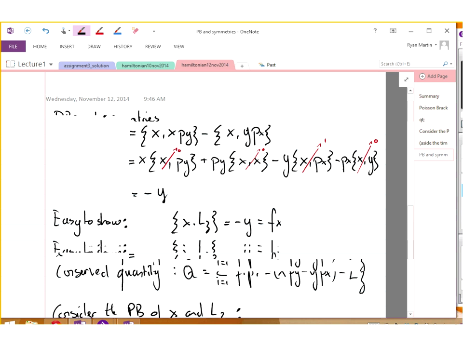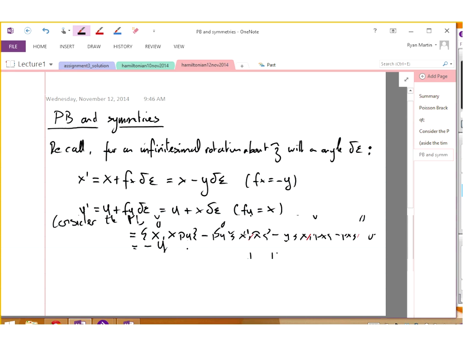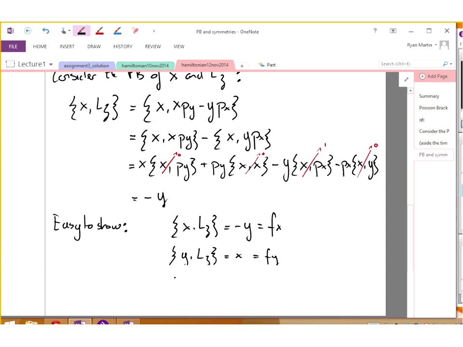Remember, that was equal to fx, the coefficient of the infinitesimal transformation that leads to Lz being a conserved quantity. If you do y with Lz, you're going to get x, which is fy. And if you do z with Lz, you'll get 0, which is fz.